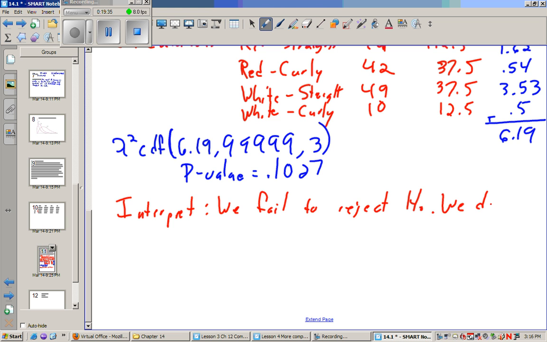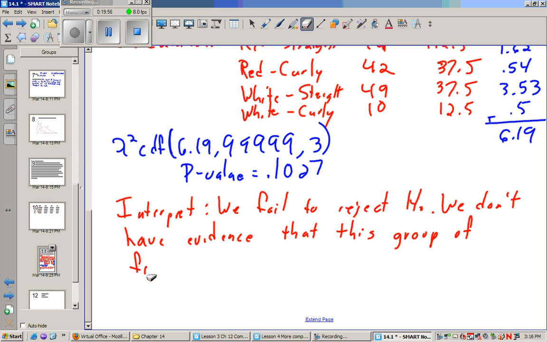So we don't have evidence that this group of fruit flies differs from their expected proportion.